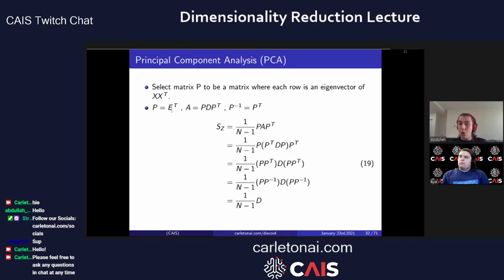And because we know that this E^T, the matrix of eigenvectors, is orthogonal, from matrix properties, the inverse and the transpose of an orthogonal matrix are equal to each other, right?